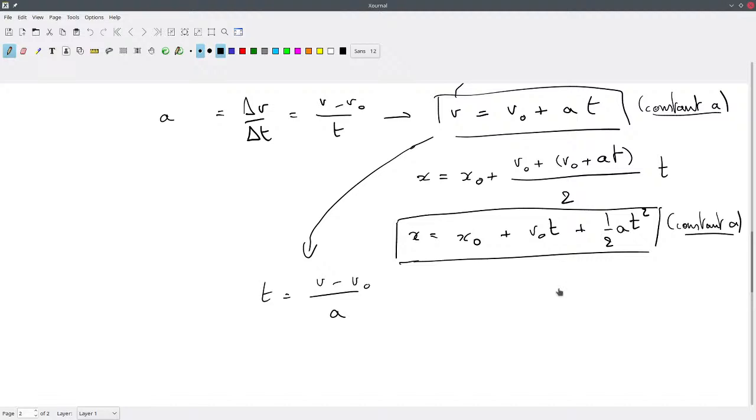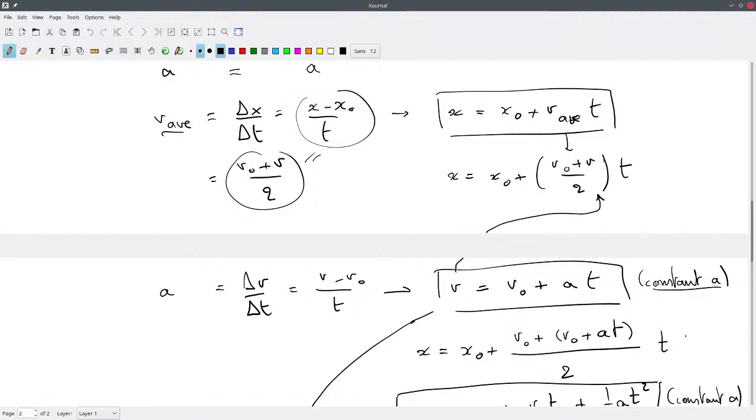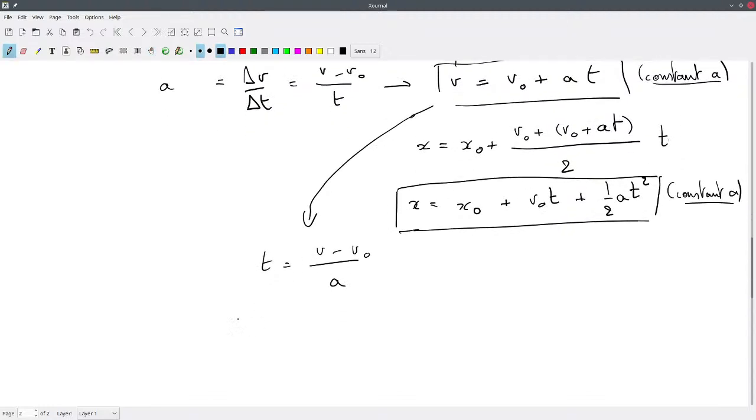So if we have that time, and we combine this now with this formula here, x minus x naught is the average velocity times the time. We can now write this as (v0 plus v)/2, that's the average velocity, times the time.